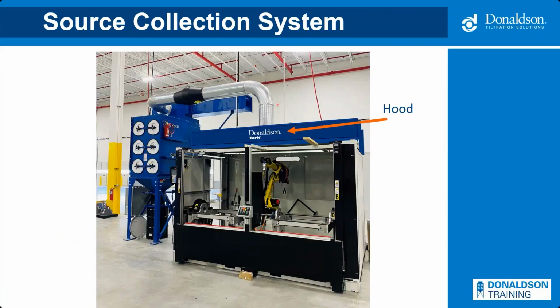First, the hood is designed to determine the correct air volume, or CFM. Once we know the air volume, we can design the properly sized ductwork with the correct conveying velocity. We'll explain what that means in just a bit. And this is a spark trap.